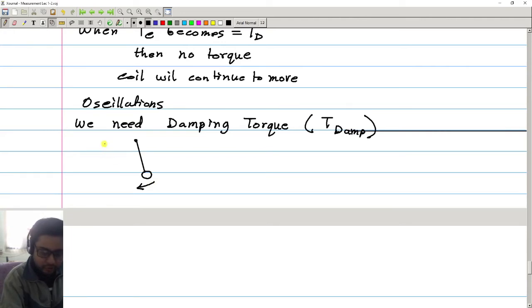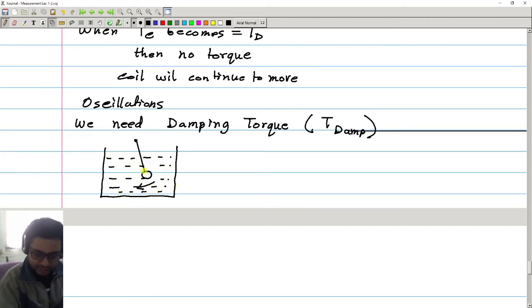But now if you do the same experiment with the bob of the pendulum inside water, then you should do this experiment at home. Then you will see that it stops quickly. Possibly it will not oscillate at all. So that is a kind of damping action coming from the viscous drag of water.